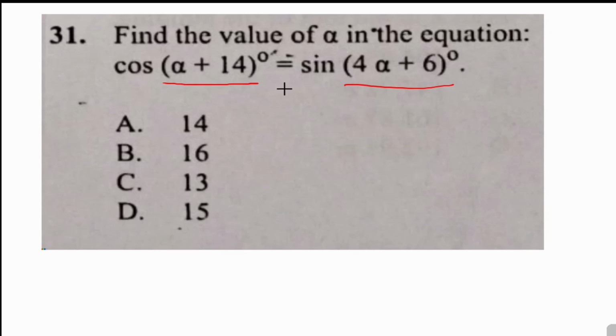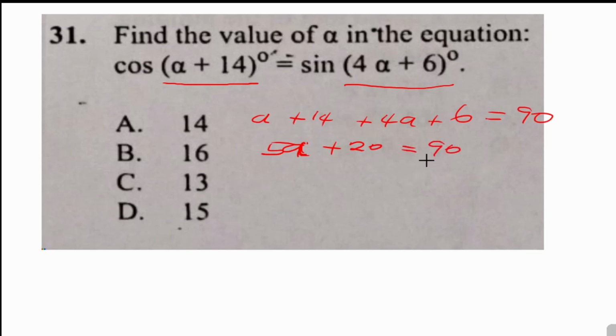So simply put, it means that alpha plus 14 then plus 4 alpha plus 6 will be equal to 90 degrees, or whichever way you put it, 90 minus one will be equal to the other one. It's the same thing. So grouping like terms, you're going to get 5 alpha plus 20 is going to be 90.